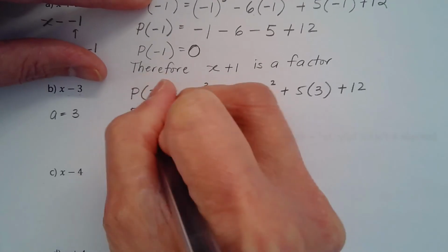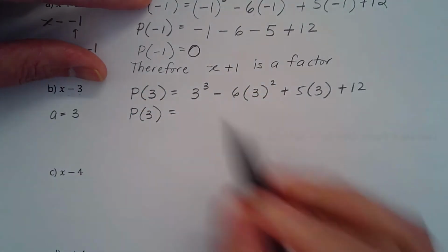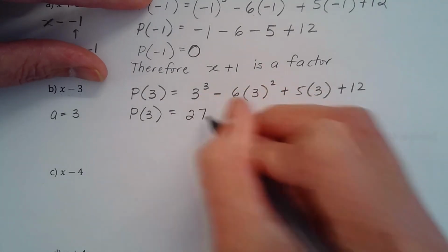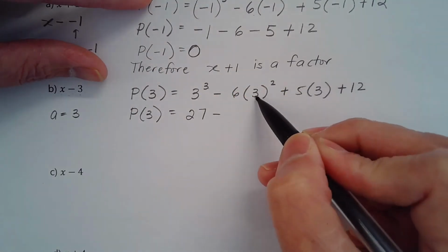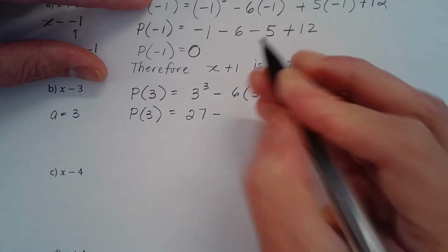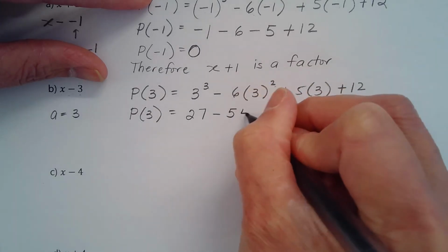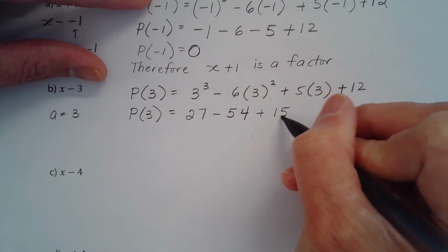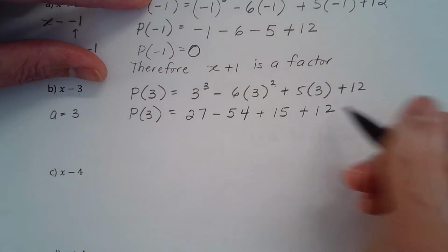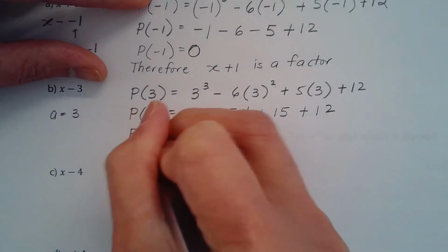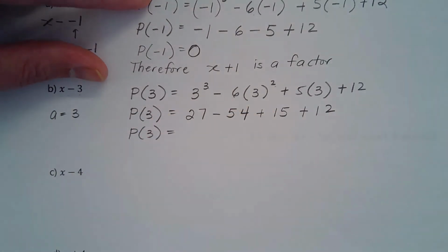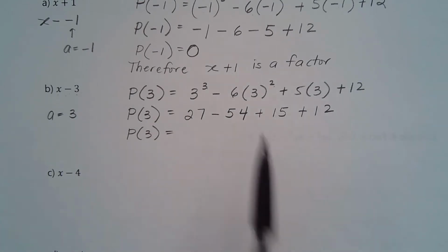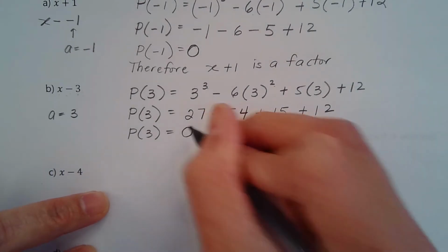Order of operations. So 3 cubed is 27, minus 3 squared is 9, times negative 6 is negative 54, plus 15 plus 12. So p of 3 is equal to 27, minus 54, yes, it's 0.